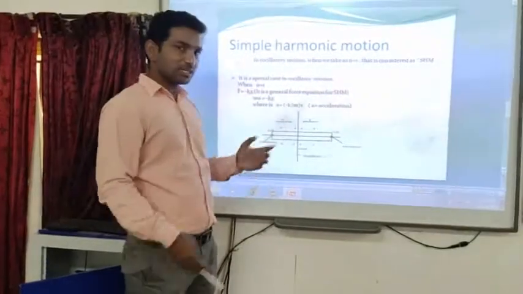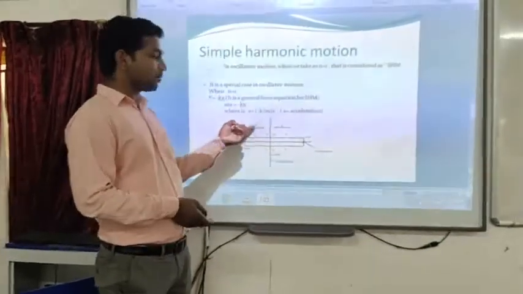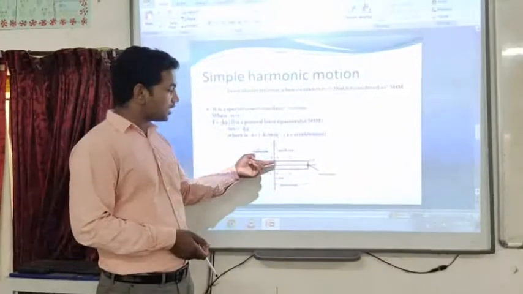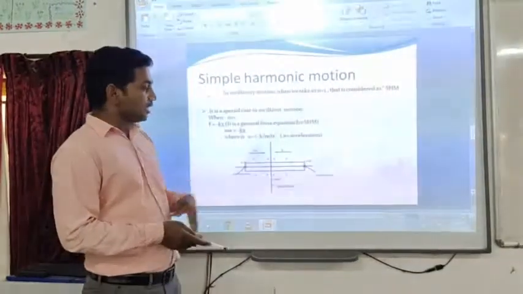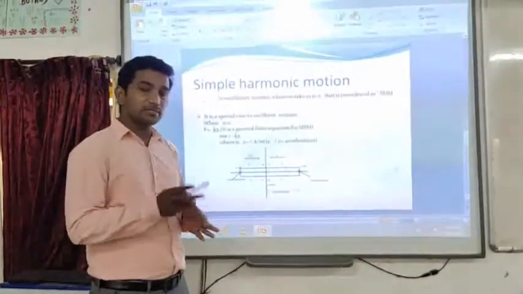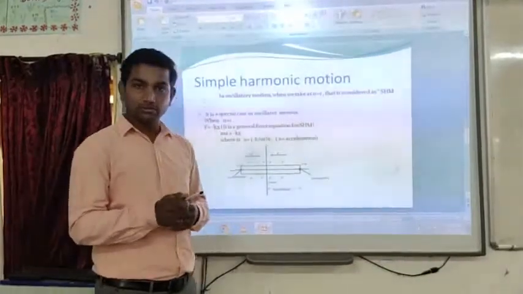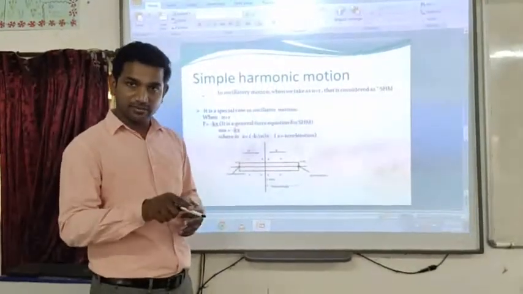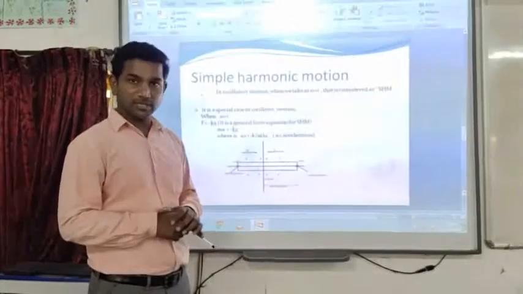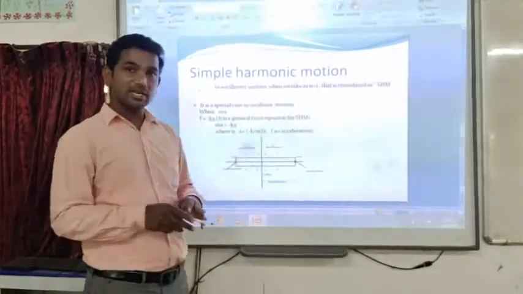Now the acceleration is positive. Why? Because the force is positive, and acceleration also increases in this case. In this region the speed, the velocity magnitude, is decreasing due to the positive force, and acceleration is increasing.